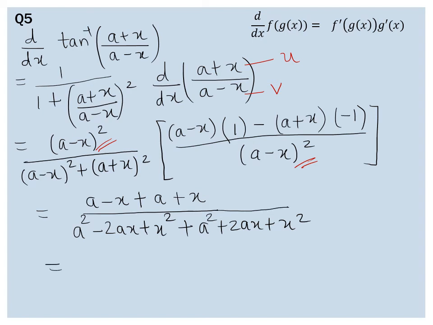So a minus x and a plus x gives you 2a, and here a square plus a square gives us 2a square, minus 2ax plus 2ax get cancelled, and plus 2x square. So the required result is a upon a square plus x square.